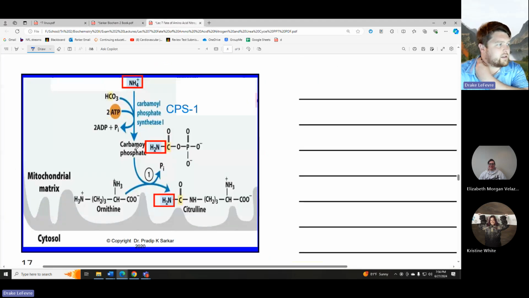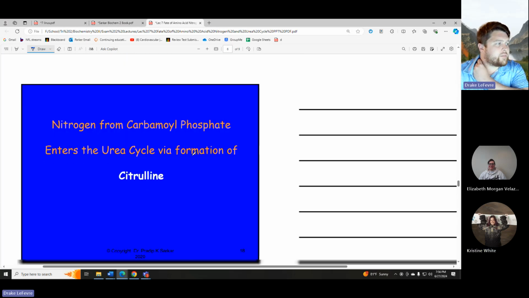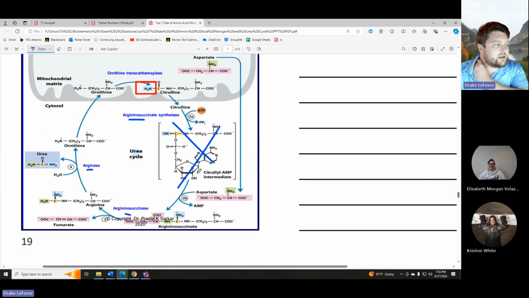So we look at our full process. The CPS turns us into carbamoyl phosphate. Ornithine comes on over, picks up that H2N, everything transfers over, turns into citrulline. Citrulline goes to cytosol, citrulline to arginosuccinate, arginosuccinate to arginine, arginine to ornithine, and then back around.